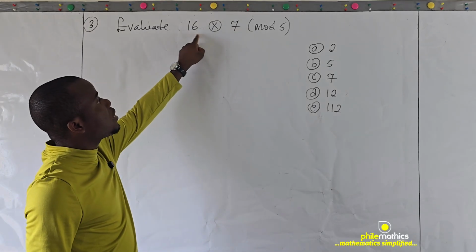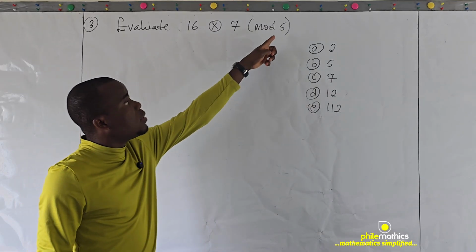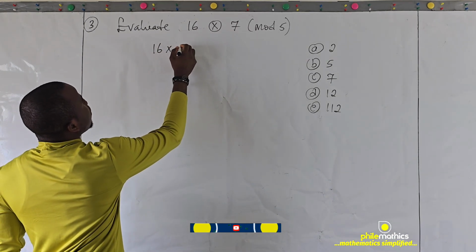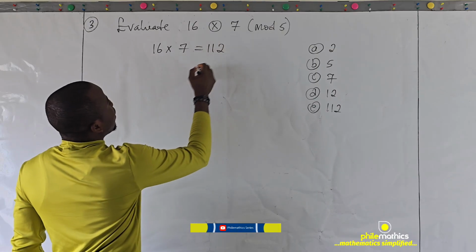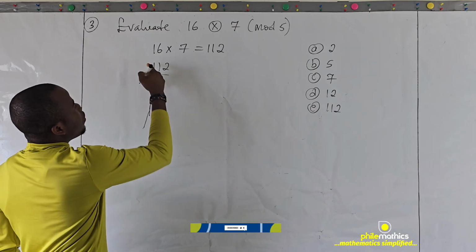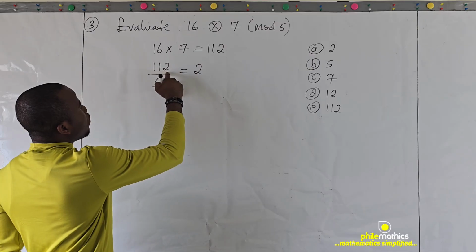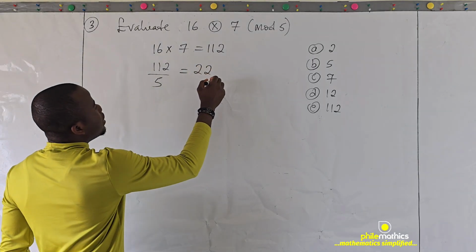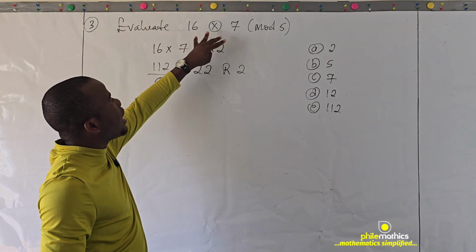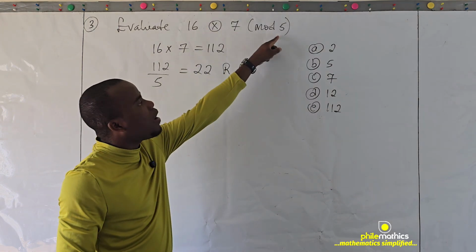You could say 16 times 7 is 112, and then find the remainder when 112 is divided by 5. 5 into 11 is 2, remainder 1, into 12 is 2, remainder 2. So this remainder is the answer.